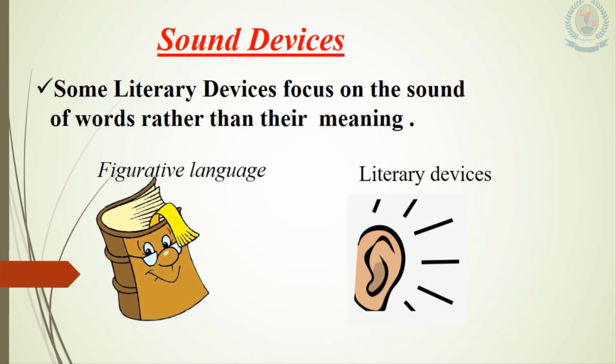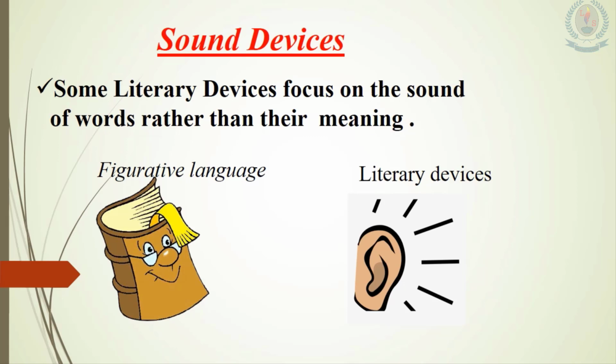The next category is sound devices. Some literary devices focus on the sound of words rather than their meaning. So we divided that into two parts. The first one is figurative language that may come across in prose. Then literary devices we used to come across in poetry.